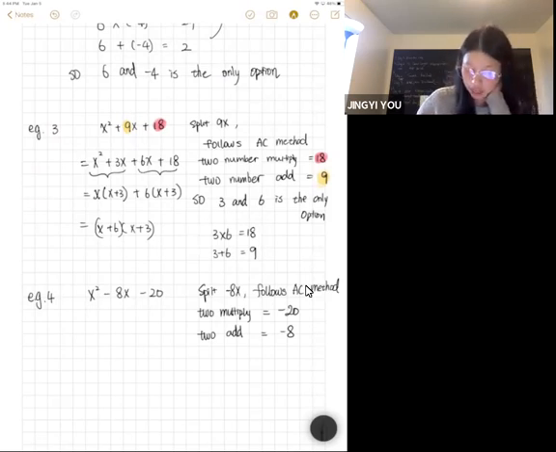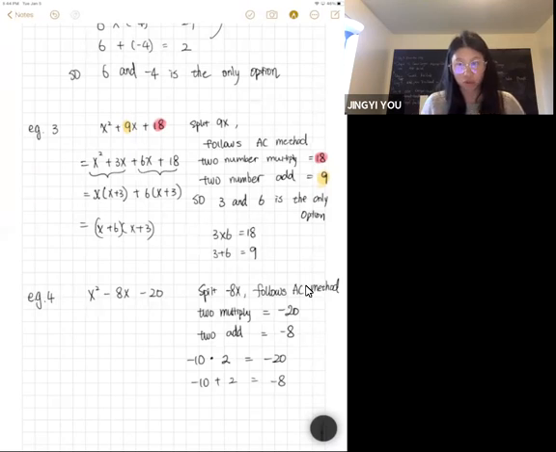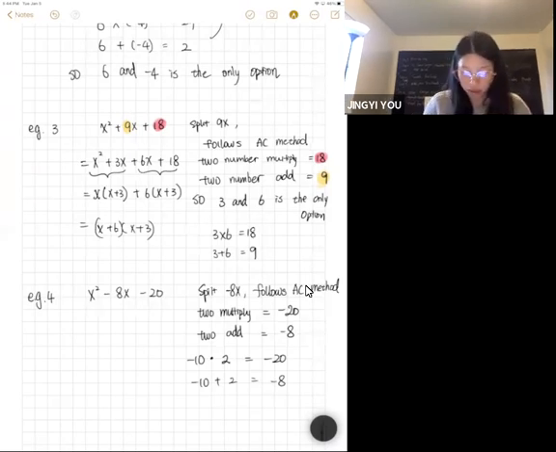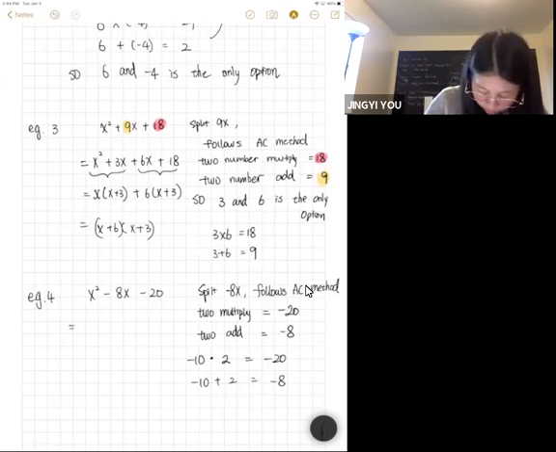So it should be negative 10 times 2 is equal to what? Negative 20. And then negative 10 plus 2 is equal to negative 8. So negative 10 and 2 are the two numbers that we're looking for. So we want to split negative 8x as negative 10x plus 2x.